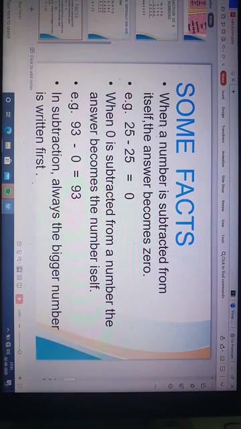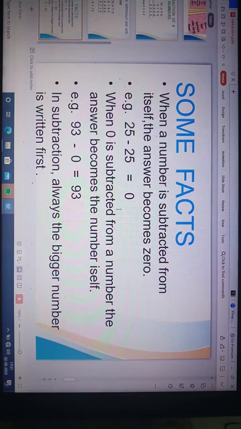Now let's recall some facts about subtraction. First, when a number is subtracted from itself, the answer becomes 0. For example, 25 minus 25 is equal to 0. Clear, beta?